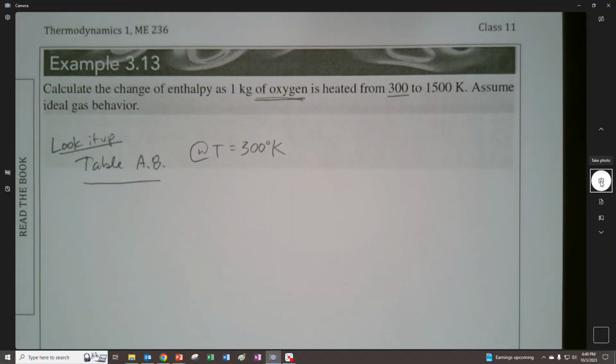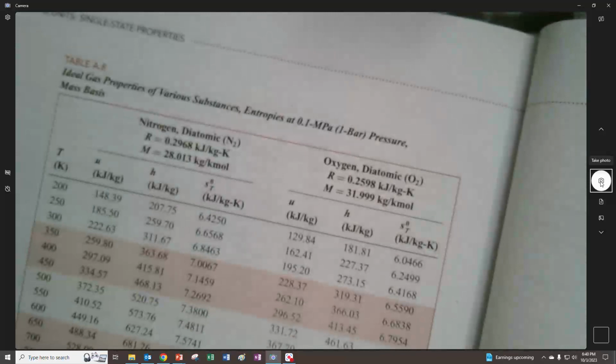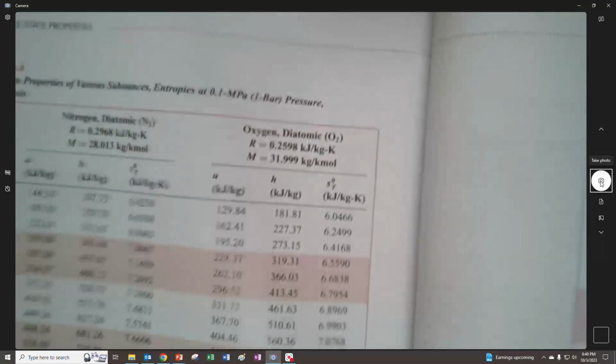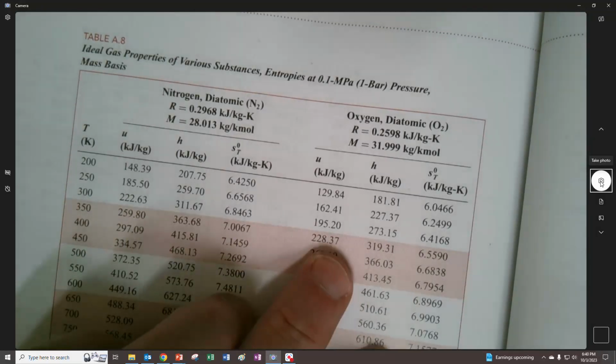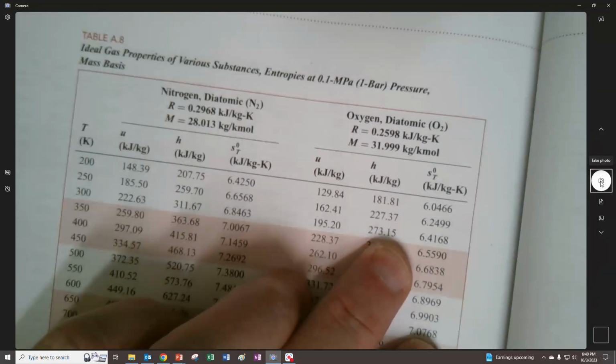They did do it for Kelvin, didn't they? All right, so we can go to table A8 and find oxygen, and find 300. And here's our enthalpy.